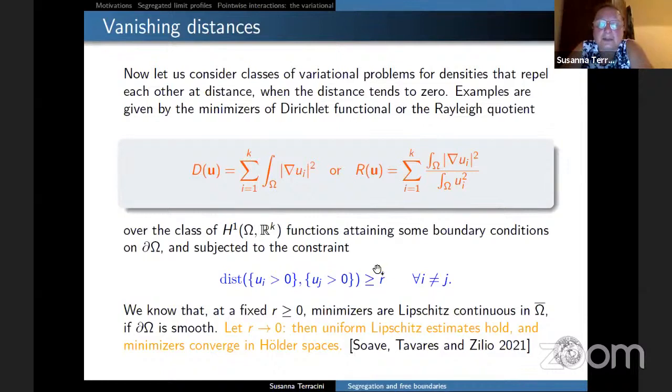And then you can insert a parameter in your analysis, consider the distance between the supports as a parameter R, and look at what happens when R goes to 0. For example, there is a nice result by Soares, Tavares, and Zilio about uniform Lipschitz estimates of the minimizers when R goes to 0.